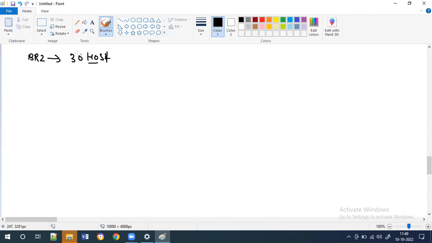So we'll add 30 and always add +2. Why do we add this? Because in each subnet, the first IP address is the network address.